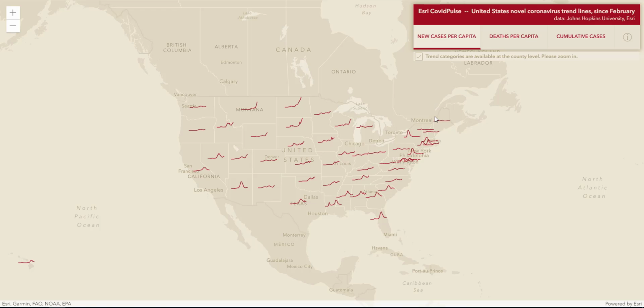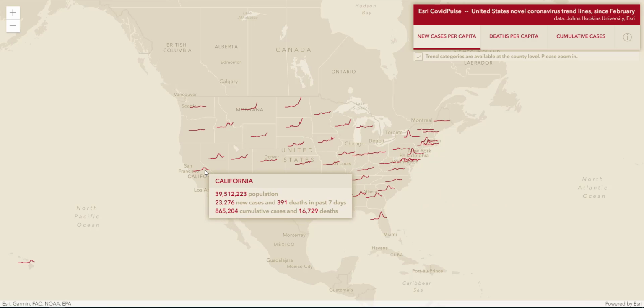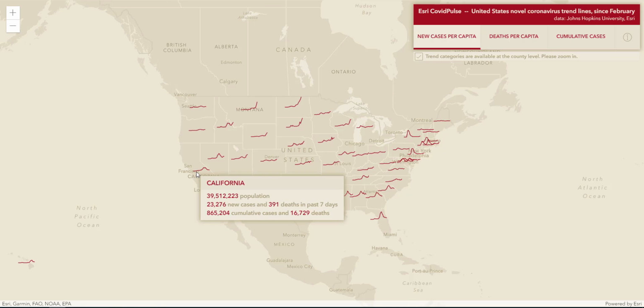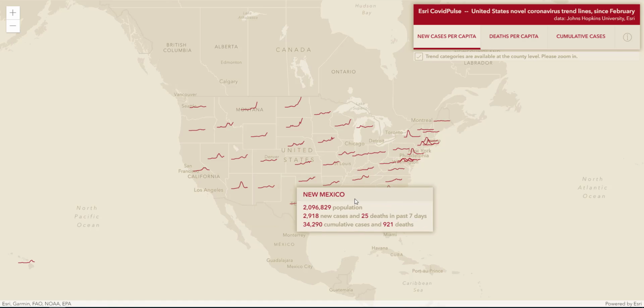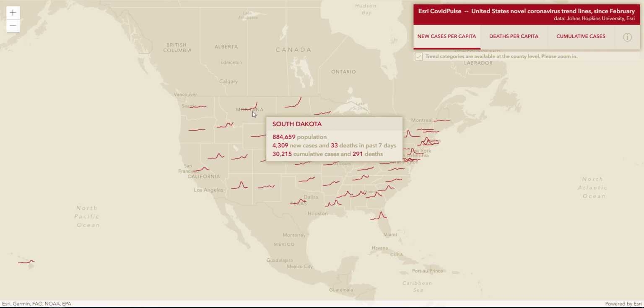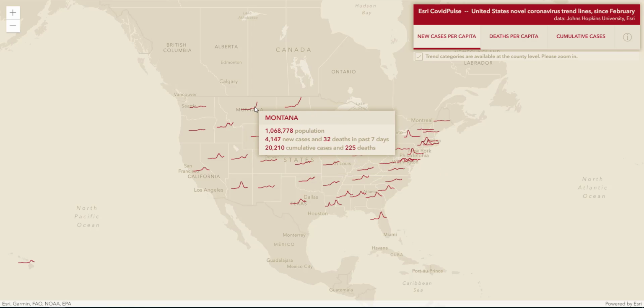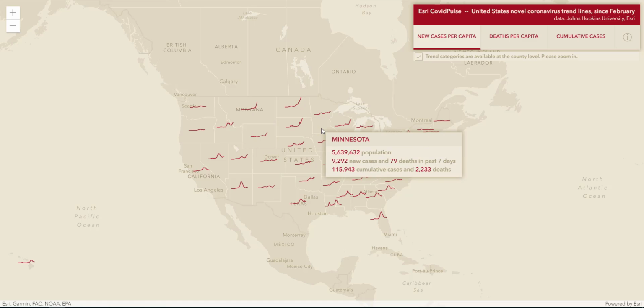Some great examples. This one was also made by Esri. It's called the COVID Pulse. With COVID Pulse, you're able to see the heartbeat of COVID-19 and how the rate of new cases has fluctuated over time. We can see some real big upticks, such as here in Montana. There's a giant jump here.